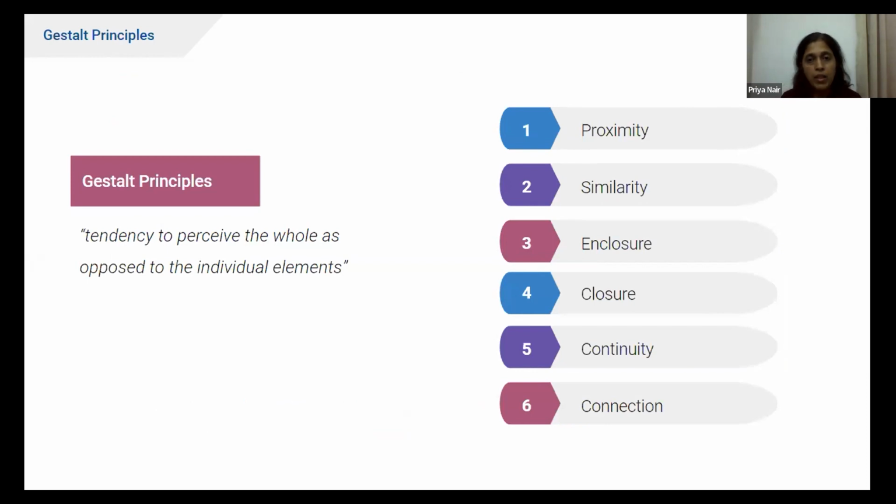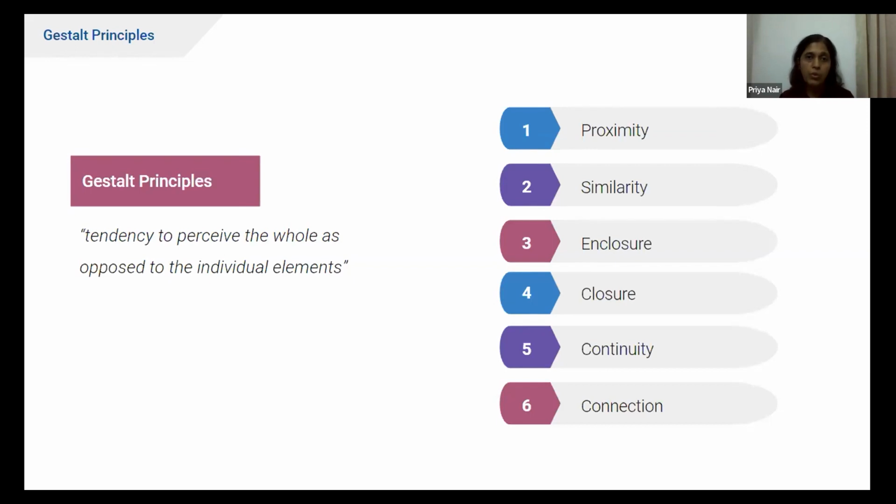In this, we will look at 6 cases with diagrams so that you get to understand how we can apply it. Now, these principles will help you to declutter your visuals or your graph in such a way that you can highlight only the critical area of your graph for the user to understand it better.